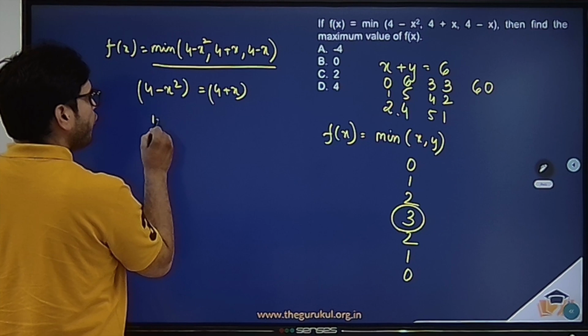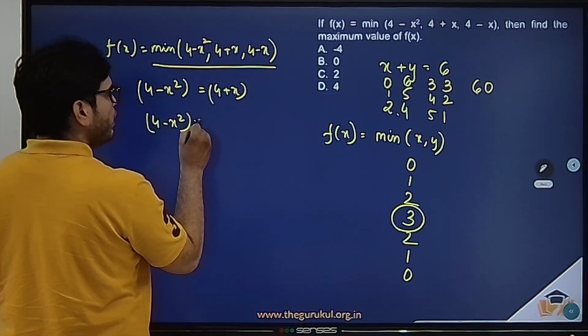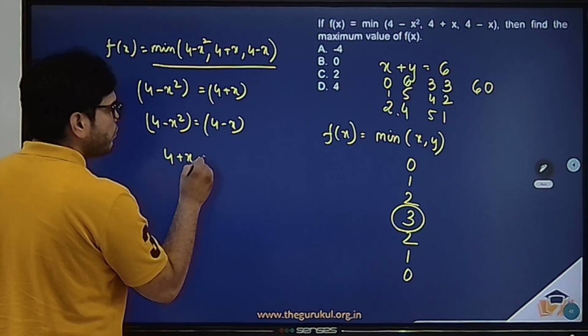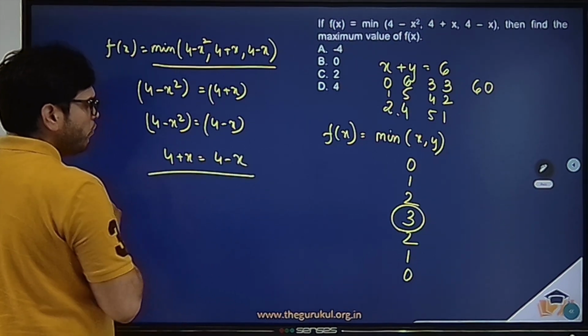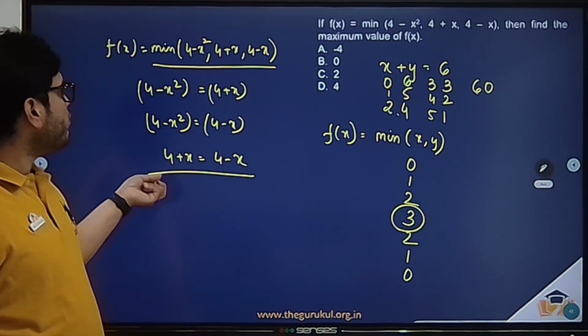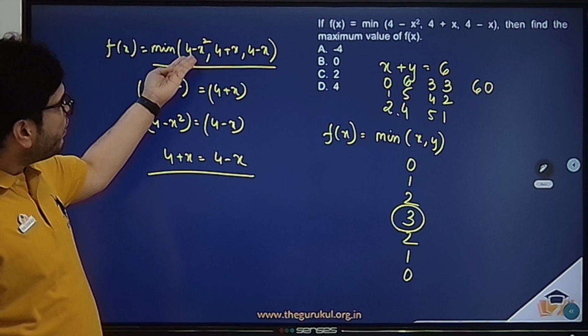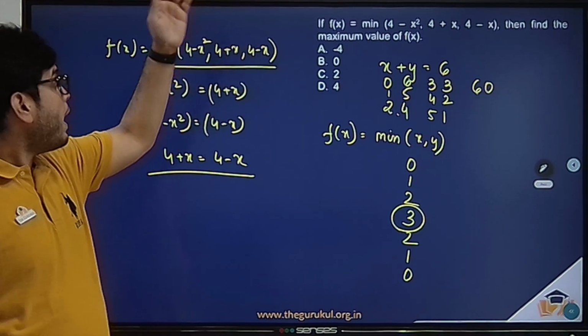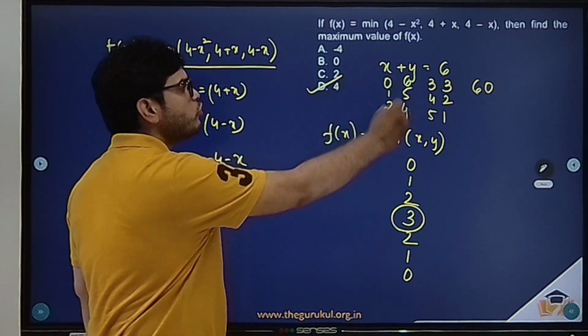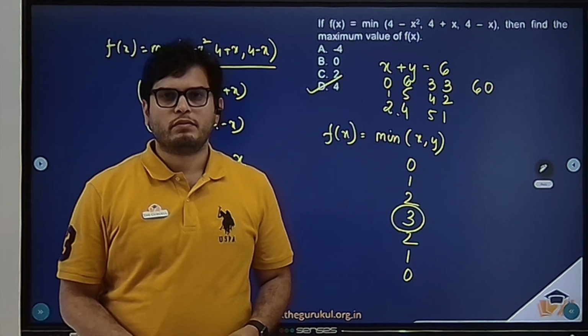Similarly 4 minus x square should be equal to 4 minus x. Similarly 4 plus x is equal to 4 minus x. Now you can attain this when x is equal to 0, right? Now if I replace the value of x as 0, this becomes 4, this becomes 4, this becomes 4, and that is the maximum value of this function. So the answer for this question should be option D, 4.